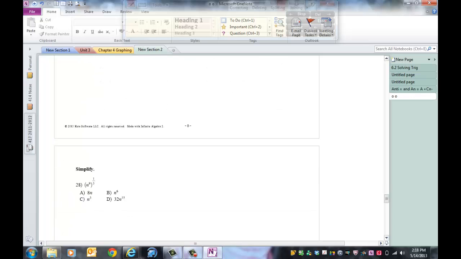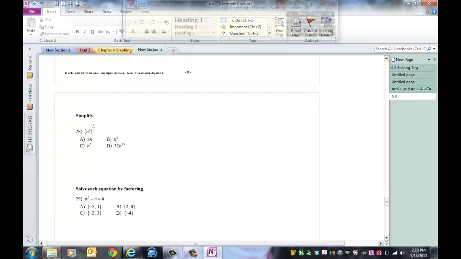Flip over to question number 28. Here we've talked about this multiple times. You have your power to your power. This is a great thing to write down because you guys really struggled sometimes remembering all these power rules. So off to the side here, I'll do your power rule. If you have the same base, so same base, and both of them are raised to a power, this becomes the situation where you add those powers.